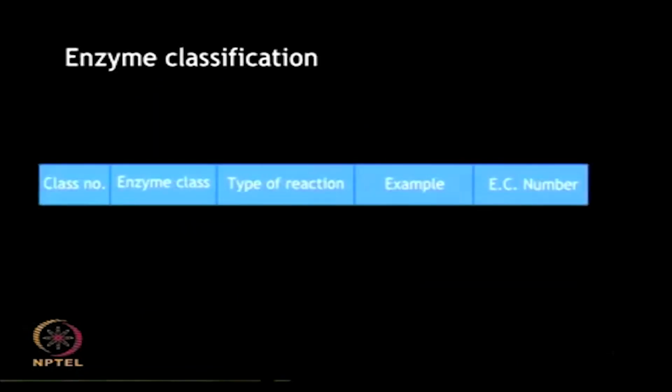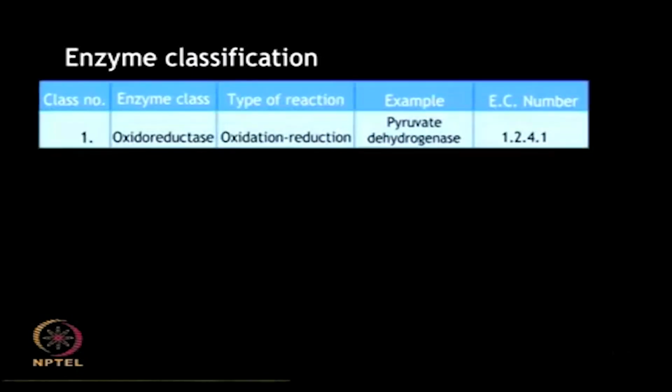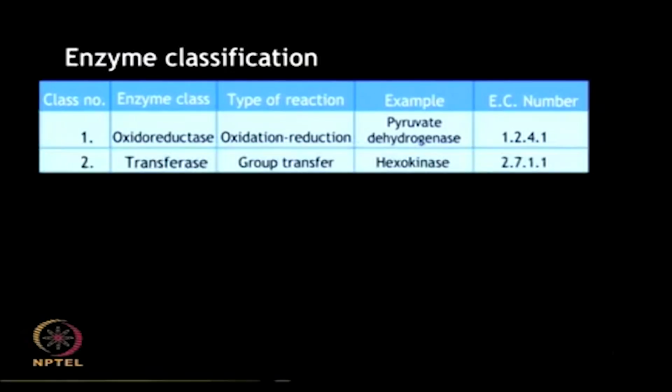Enzymes are classified on the basis of the reactions that they catalyze. Most enzymes are named by adding the suffix -ase either to their substrate or the type of activity they carry out. However, as more enzymes came to be known, it became increasingly difficult to name in this manner.